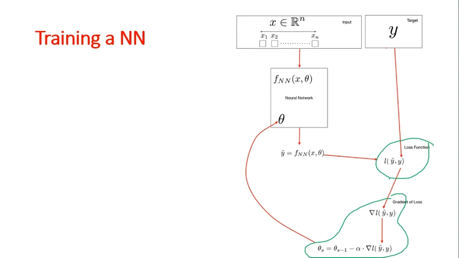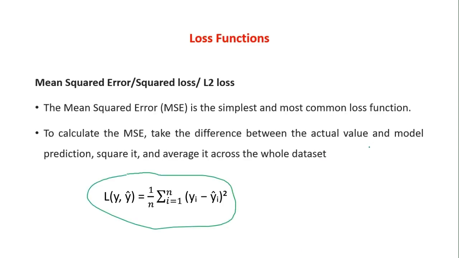See, L of y cap comma y or L of y comma y cap, both are the same. This loss function, known as mean square error or squared loss or L2 loss, is used in regression tasks, in machine learning and also in neural networks. If you want to do some regression task, you can use mean square error as the loss function.